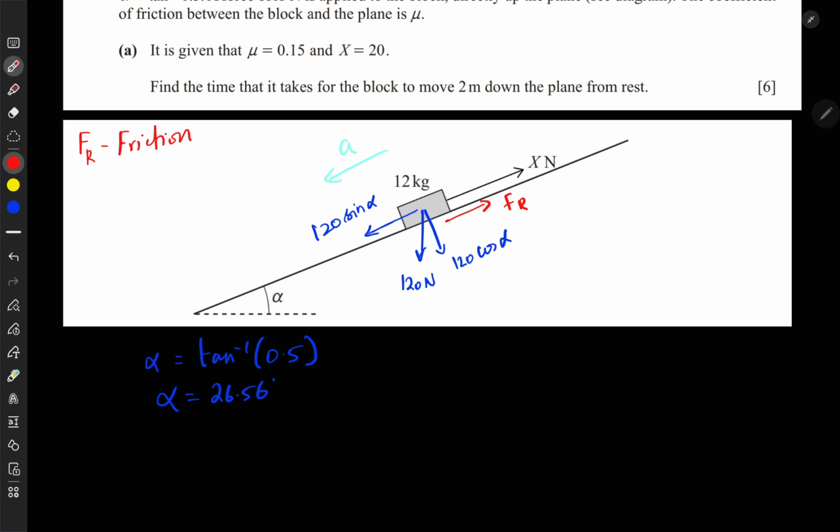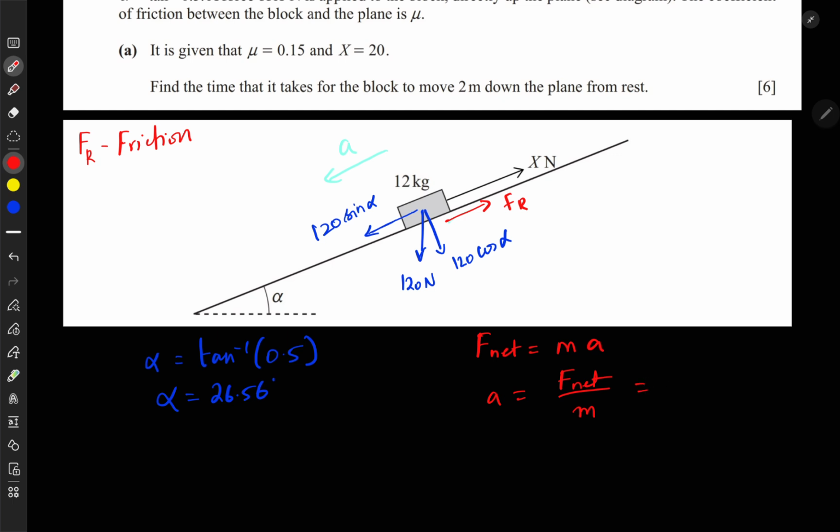Now we can create the equations. F net is equal to ma, from Newton's second law. We have to find the acceleration, which is F net divided by m.